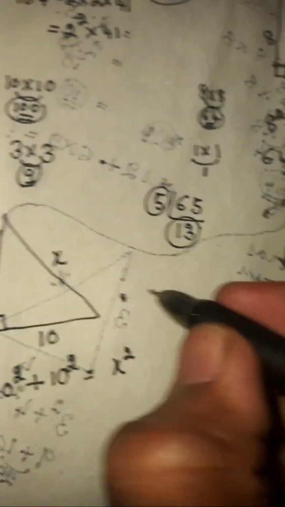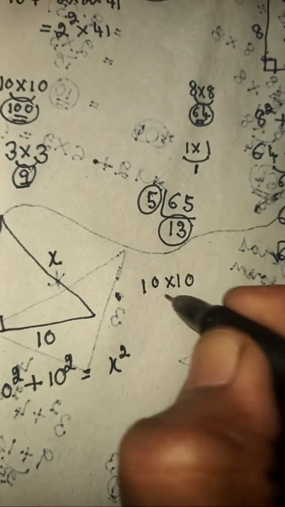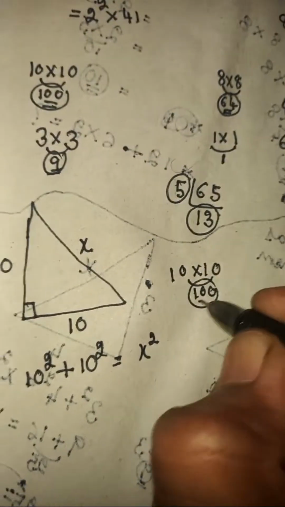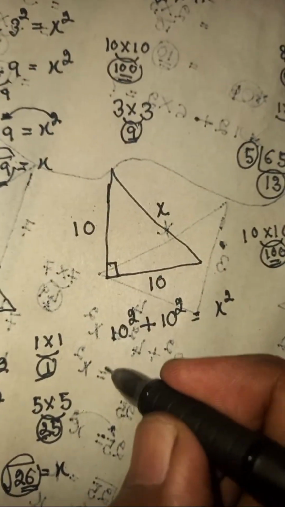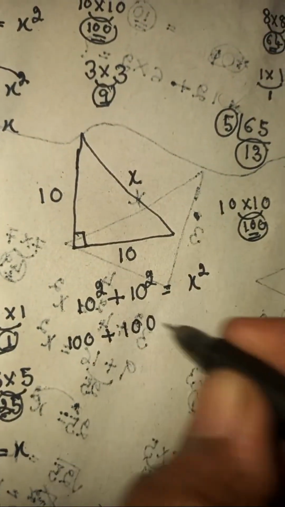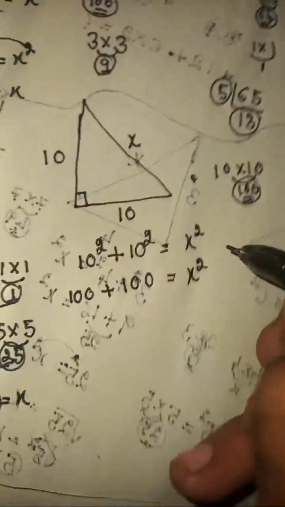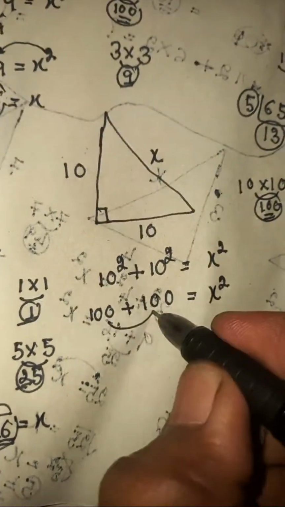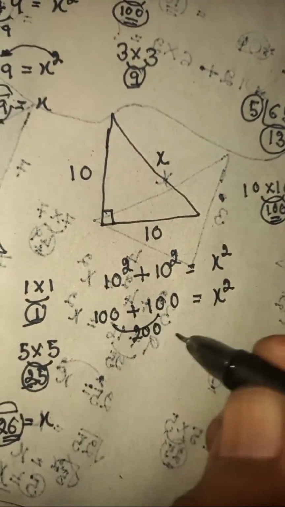Here 10 square means 10 times 10, which is equal to 100. So this 10 square is 100, and here also 10 square is going to become 100, which is equal to x square. 100 plus 100 is just 200.